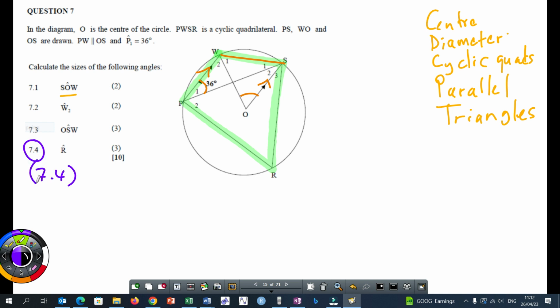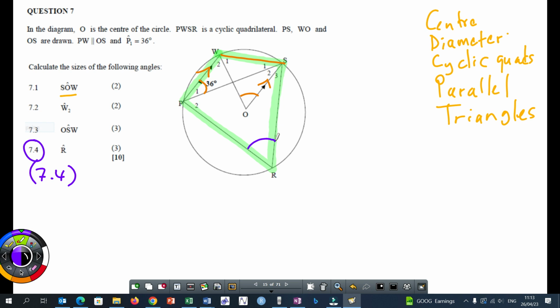So 7.4, we have angle R, which is that. Now, to get angle R, the best way is to use opposite angles of a cyclic quad. That's the best way.